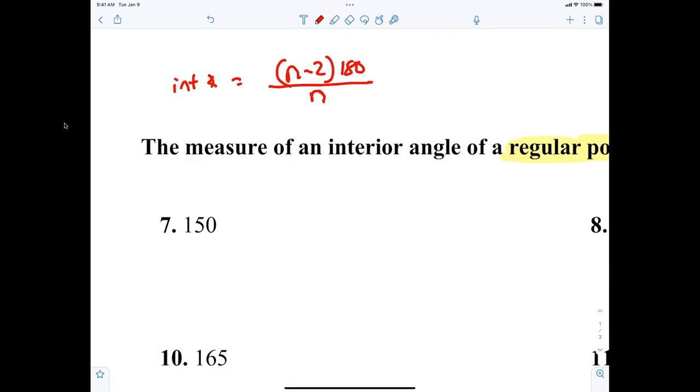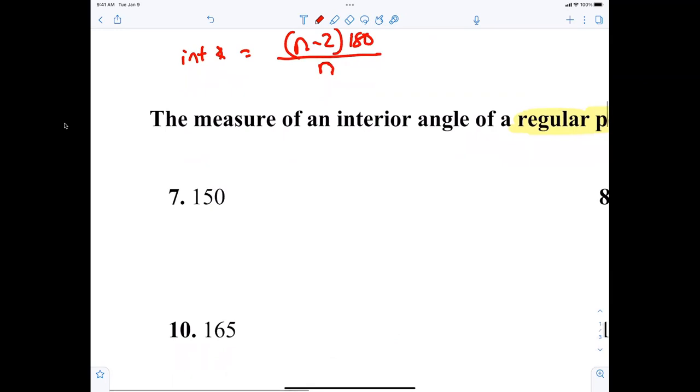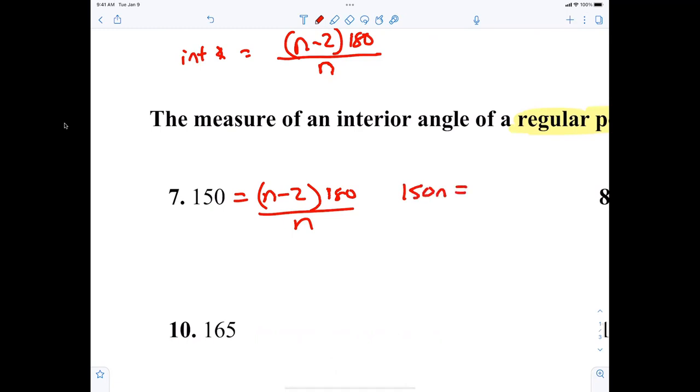So now it's kind of annoying because we have a lot of math work here. So let's do it. 150 is equal to (n minus 2) times 180 divided by n. So of course, you just multiply both sides by n, correct? So I end up with 150n equals 180n minus 360. Everybody see what I did there?